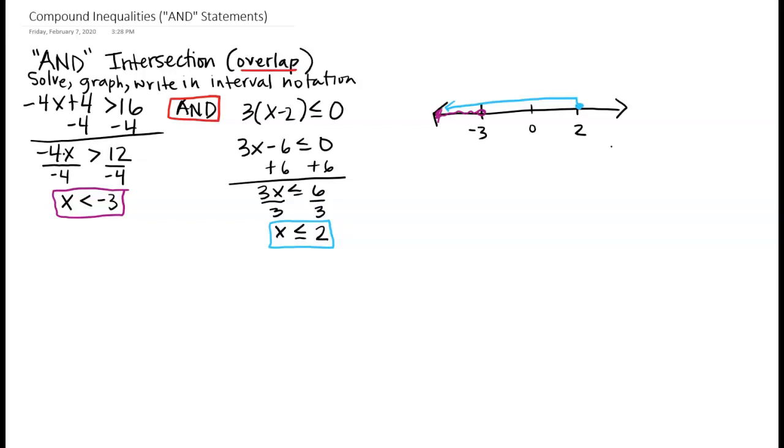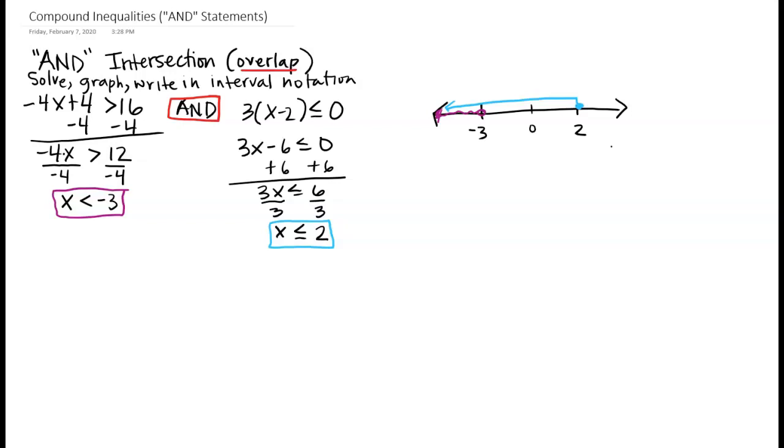Where are these two sets overlapping? Now, in a lot of them, it's in between, and so some students just automatically think, oh, it's between negative 3 and 2. But I'm trying to see, where does my blue graph and my purple graph both show up? And they both show up left of negative 3. Those are the parts they have in common.